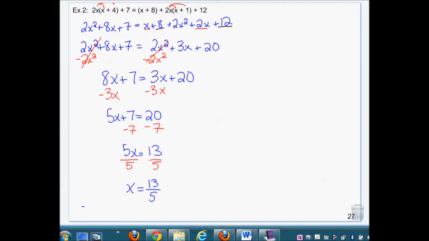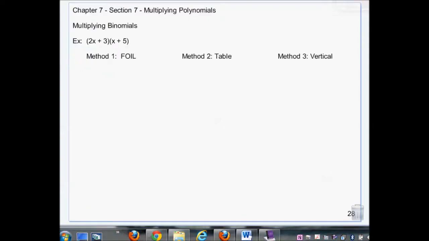FOIL is probably the most well-known method for multiplying binomials, and FOIL stands for the order that you multiply in. FOIL again is first, outside, inside, last.